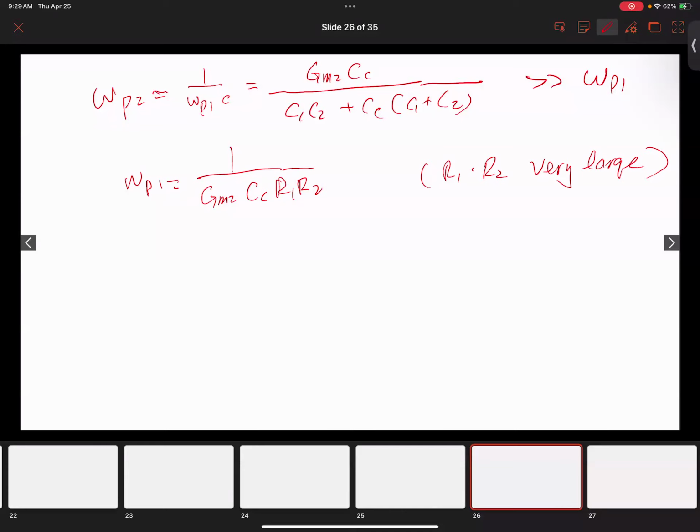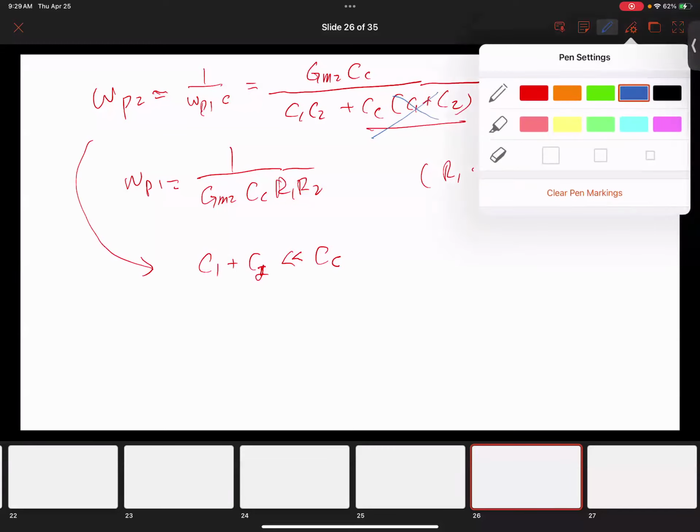In fact, we can further simplify WP2. The reason is C1 plus C2 is going to be much smaller than CC, so you can simply neglect it.